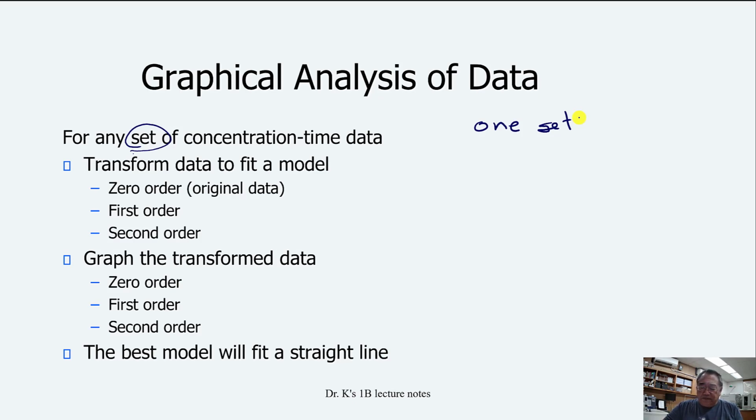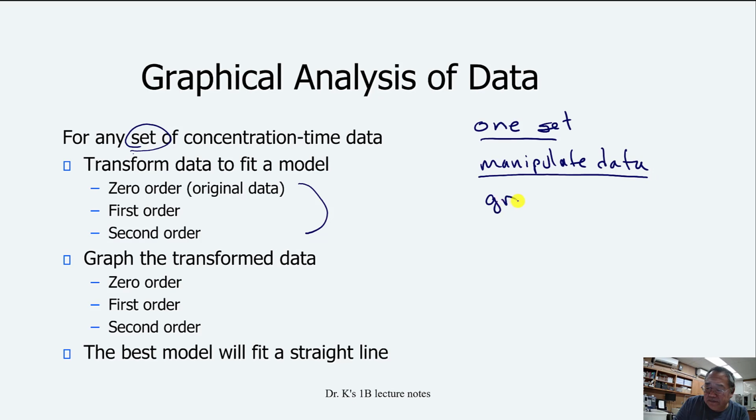Okay, so again, like I said, you're going to take one set. You're going to manipulate the data. And this is what I mean by that. You're going to transform it to fit one of these models. You're going to graph it. And then you're going to choose the model that fits the best.